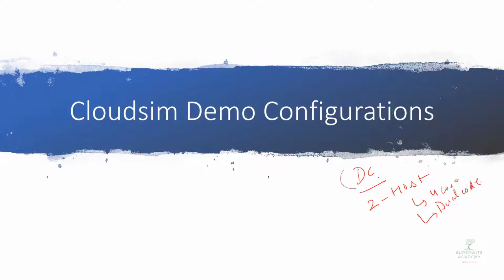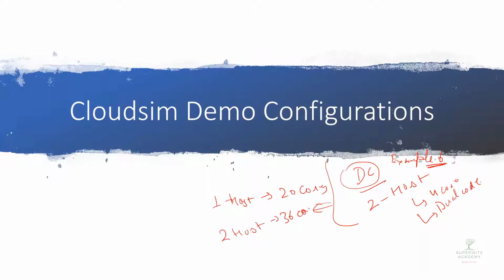So these are the configurations for the example 6, whereas we are trying to convert it into a high performance or high scale simulation. So we are going to have one host with 20 cores and maybe a second host with 36 cores, and then we can simply see what different set of work it is going to work around.